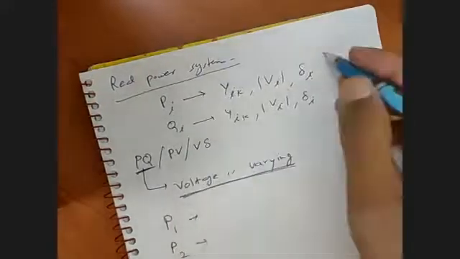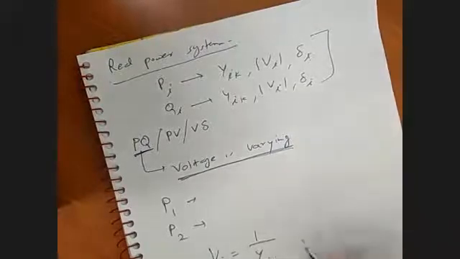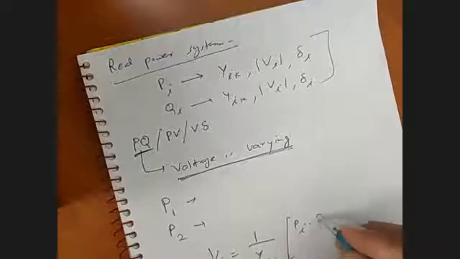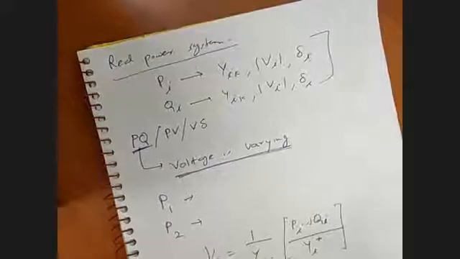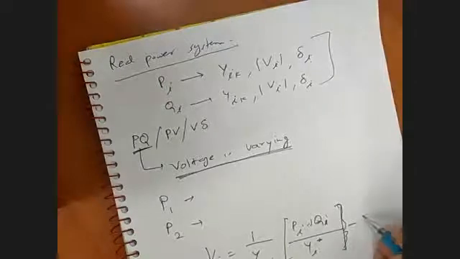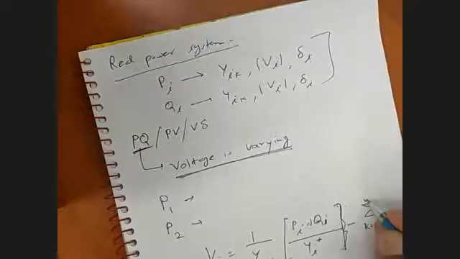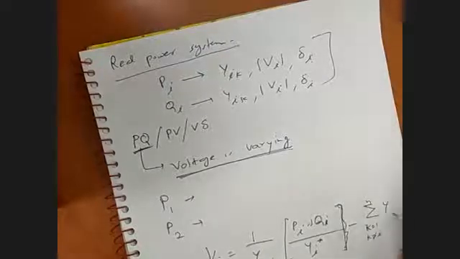So when we convert this into a voltage equation, it will become Vi equal to 1 upon Yii, (Pi minus jQi) divided by Vi star, minus summation k equal to 1 to n, k not equal to i, Yik Vk.